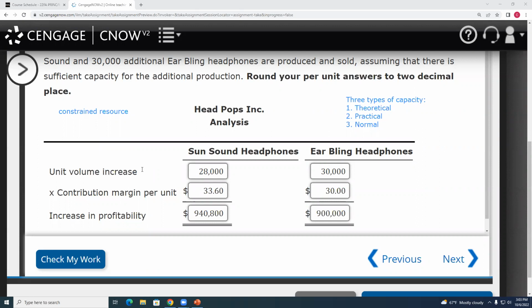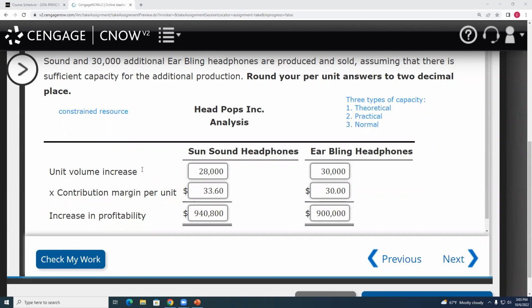And as long as we can identify which resource, manpower, equipment, raw materials, is holding us back, we would make the decision about which one of these headphones to produce based on how we best use that constrained resource. So if it's manpower, which one of these headphones takes more manpower?